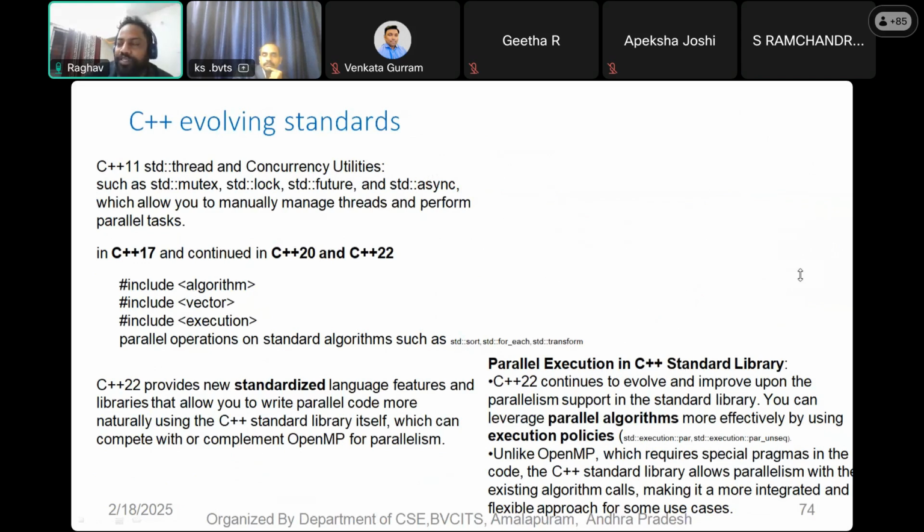They're also getting ingested right now. In C++22 and 25, we can see many of the specifications from OpenMP being taken in. They may not be on par with OpenMP. It's not a complete alternative, but this is going in that direction.